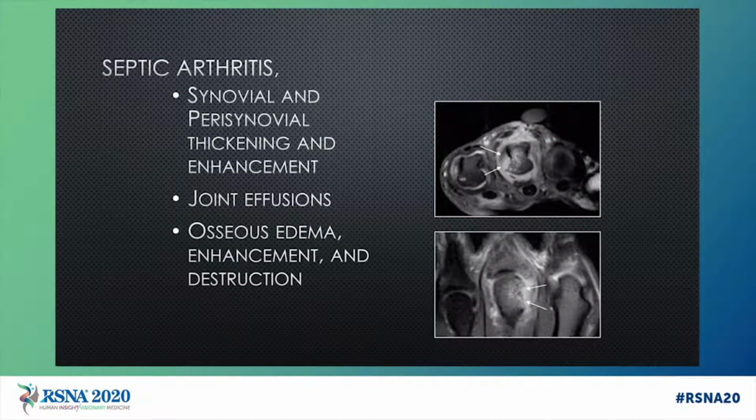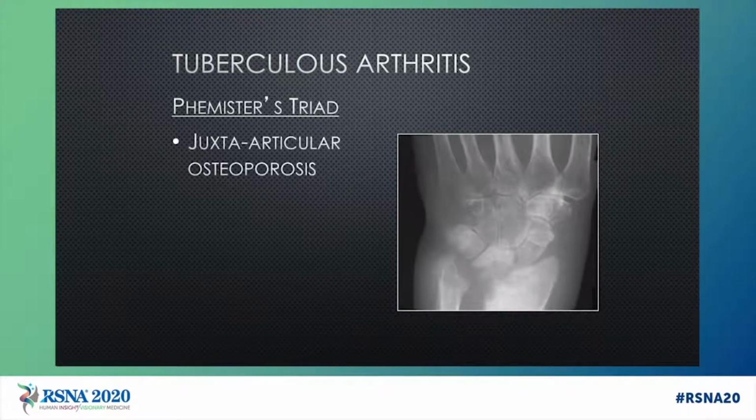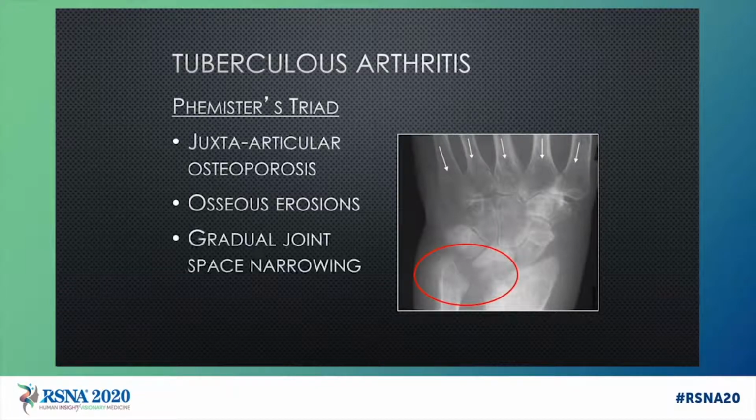We see joint effusions and osseous edema with erosions. In tuberculous osteoarthritis, the classic triad is Phemister's triad: juxta-articular osteoporosis, osseous erosions, and gradual joint space narrowing.